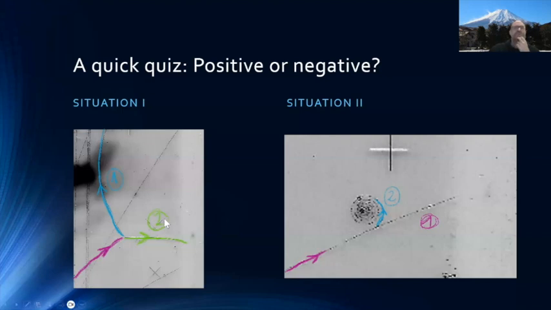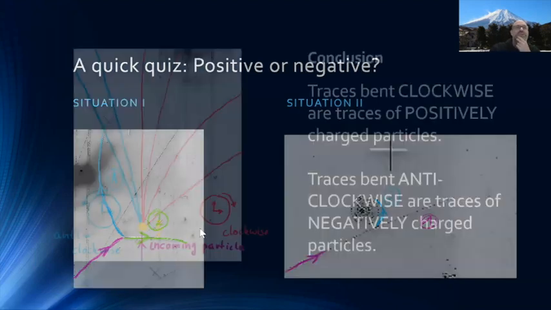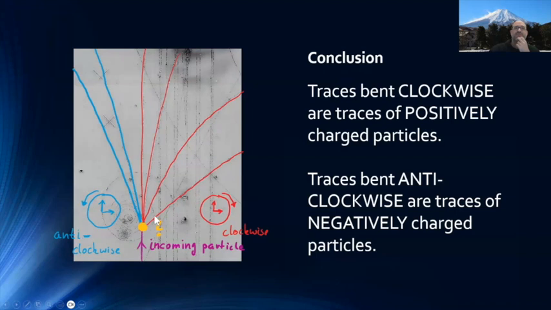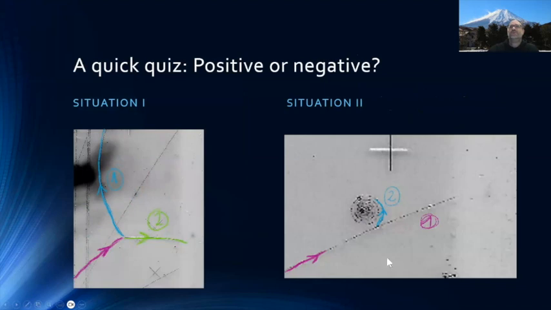And the solution is yes, both particles here in this picture are charged positively, because if we just go back to this picture, they are bent like a clockwise movement. So you can just keep in mind for this activity, everything which goes to the right or is bent clockwise is charged positively.